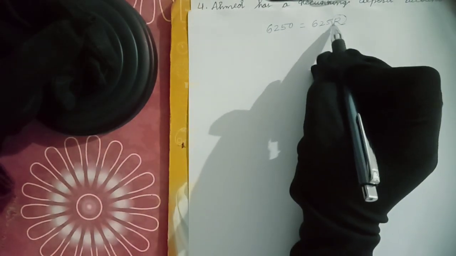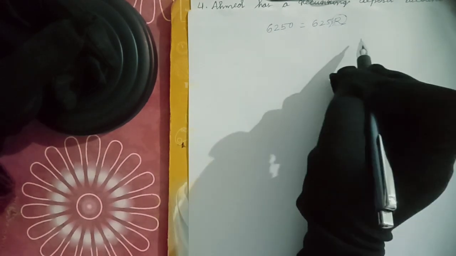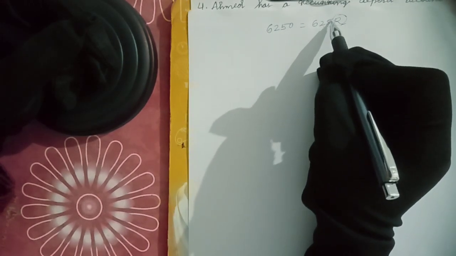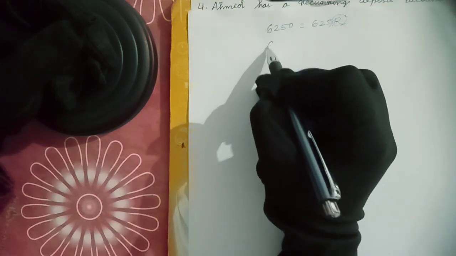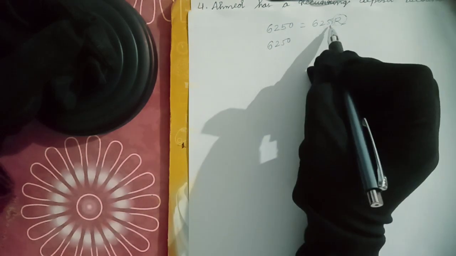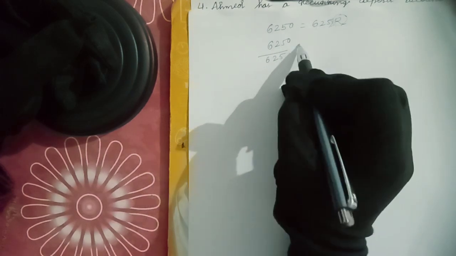Here we'll have to find the value of R, right? So we'll just leave R over here. Here the number is getting multiplied. If the number and variable are together, like here it is 625R, it means these two are getting multiplied. So in order to bring this number over here, if over there it's getting multiplied, when it comes over here it would get divided, and this is R. So we can cancel it out. 625 ones are 625 ones are, and this is 0.